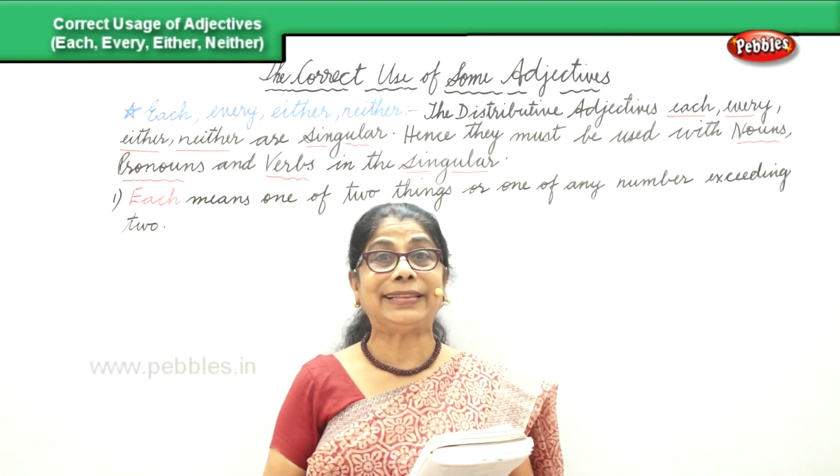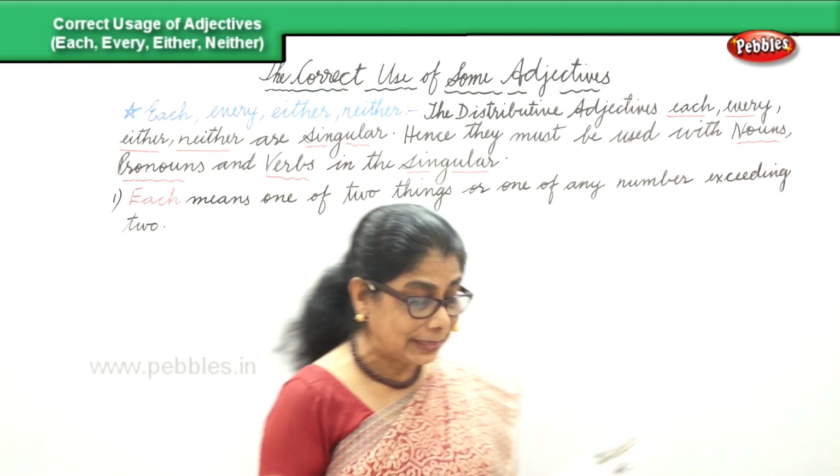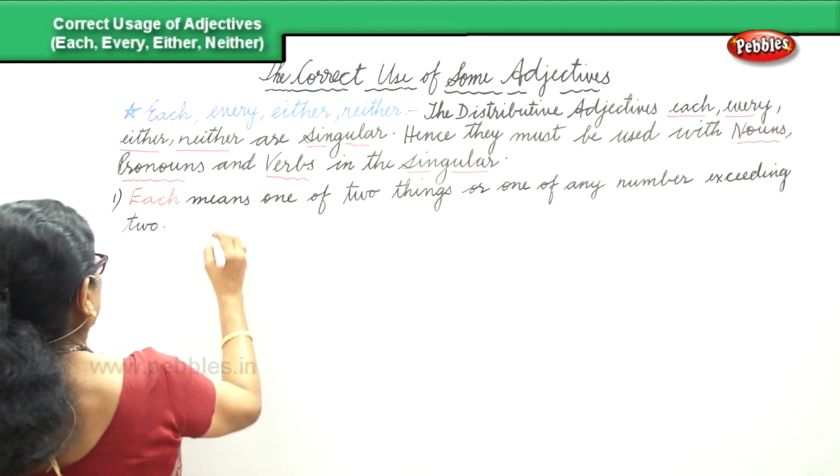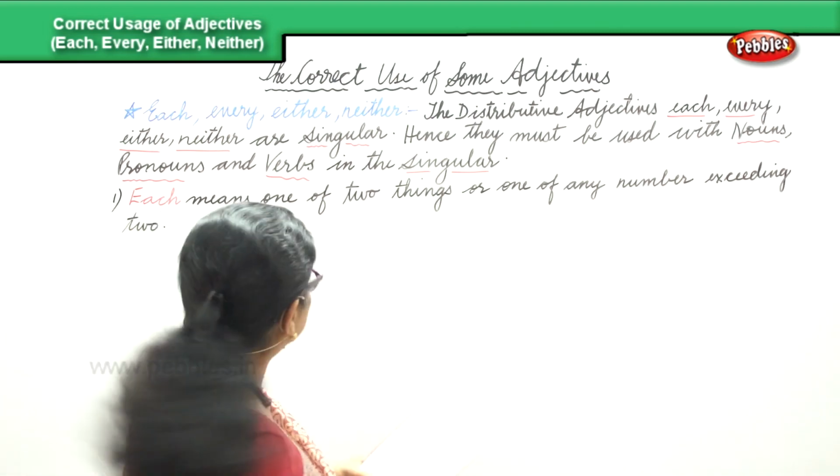Now let's look at the sentences. Each of the two boys has a book. You have 3 sentences here under this.